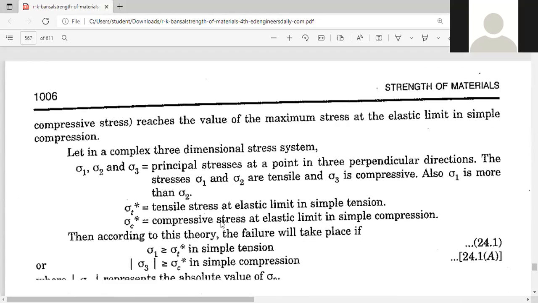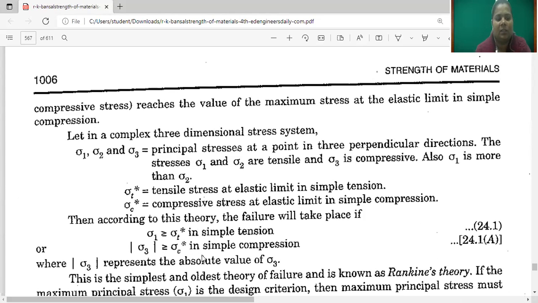Okay, so if it is not possible to remember particular sentences, at that time simply in simple words you write down.